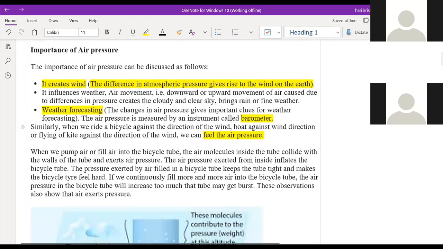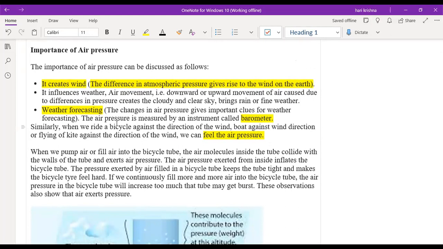Next, anyone answer? Any other answer? Next, other than Raghav, the remaining people, you can unmute yourself and give the answers.